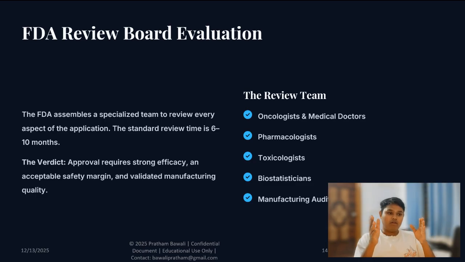If we are doing oncology, then the clinical team must have oncologists and medical doctors, pharmacologists, toxicologists, biostatisticians, and then manufacturing auditors. They all are involved in this.